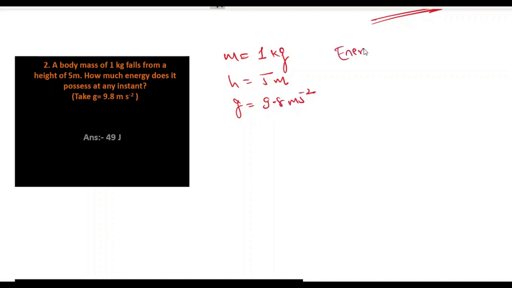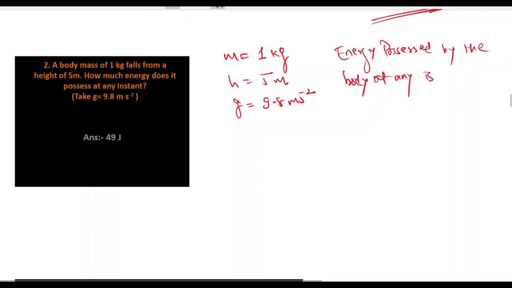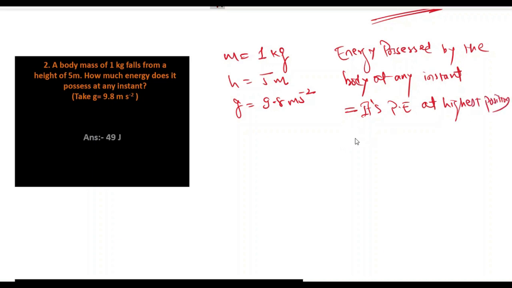So energy, this is very important, energy possessed by the body at any instant is equal to its potential energy at highest point, highest position. Okay, so what is the potential energy at highest position? mgh.